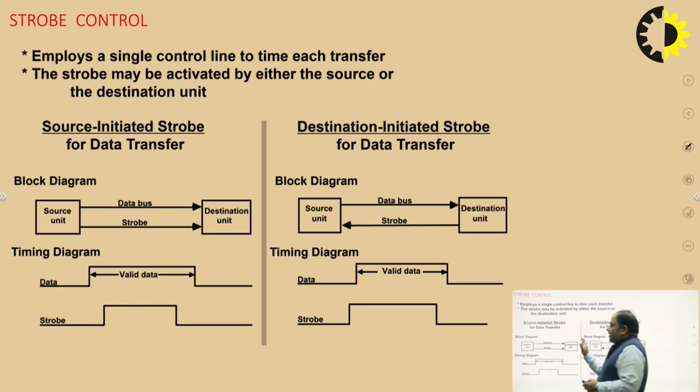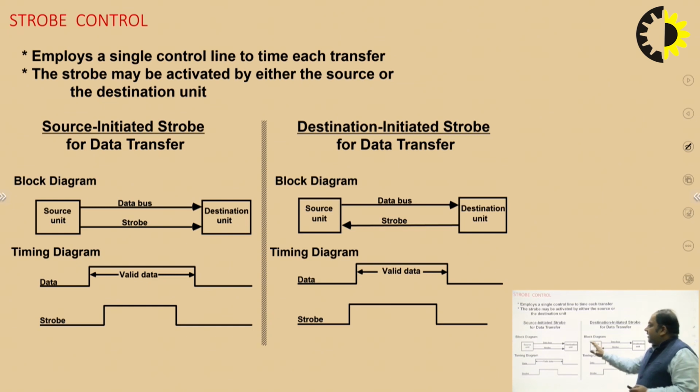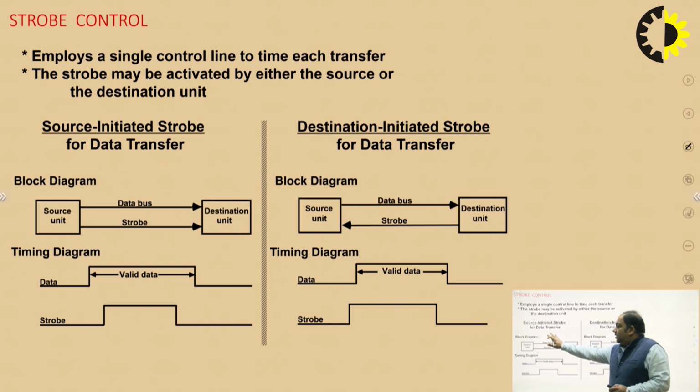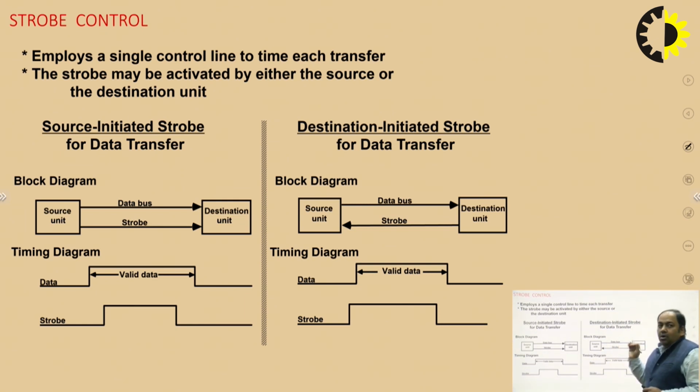Through the data bus we send some data and it reaches the destination. The source only sends the data; it sends the valid data. In strobe control, the source is not concerned about whether the information or instruction will be executed at the destination or not.